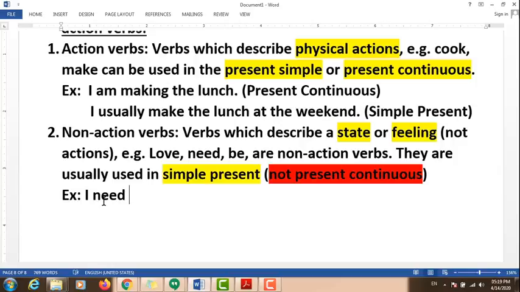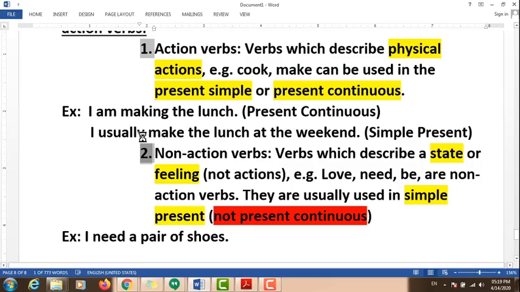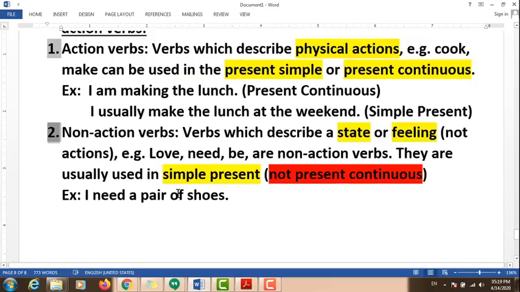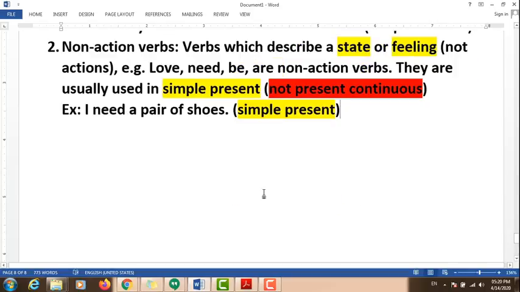I need a pair of shoes. Now look at this one, guys. I need a pair of shoes. Here, this need is a stative verb or non-action verb. Okay, so here we used simple present. So let me copy this one. So this is what? Our simple present tense, right? Next one.